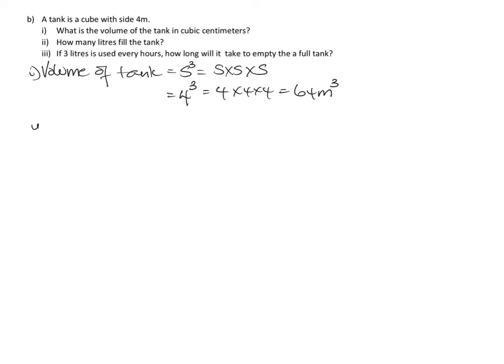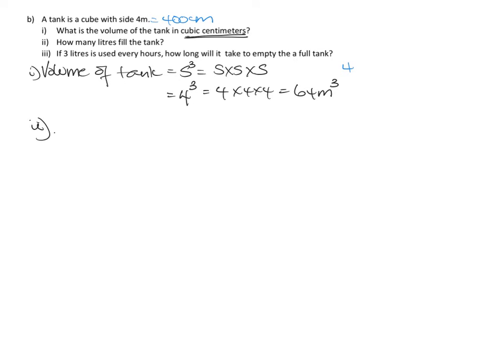Part 2 wants to know how many liters fill the tank. So we have to be able to convert the 64 meters cubed into cubic centimeters. In fact, in part 1, they want to know the volume of the tank in cubic centimeters. So let's work it out in cubic centimeters instead. 4 meters would be 400 centimeters.